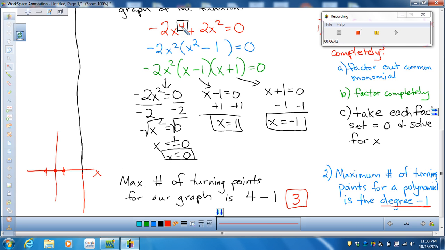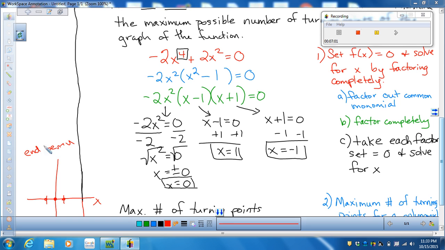Looking at my end behaviors, from what we studied earlier, this is an even function with a negative lead coefficient, so it's negative and even.